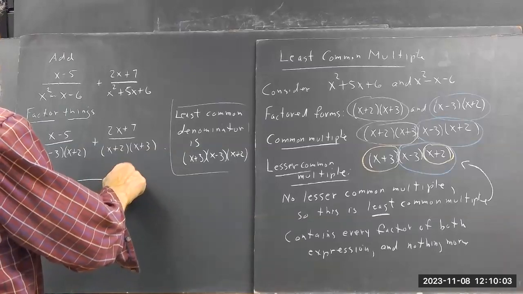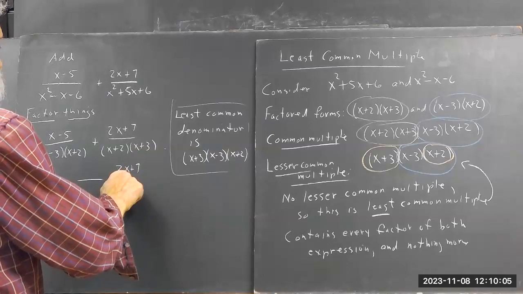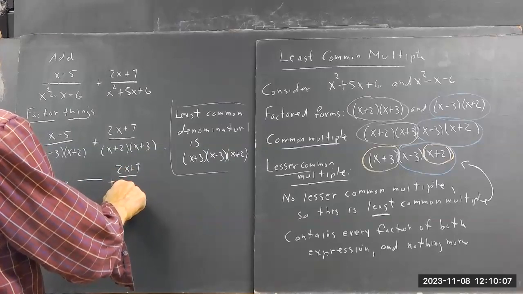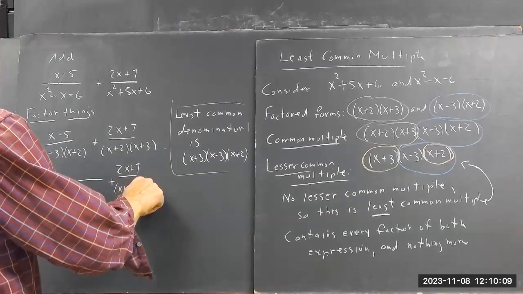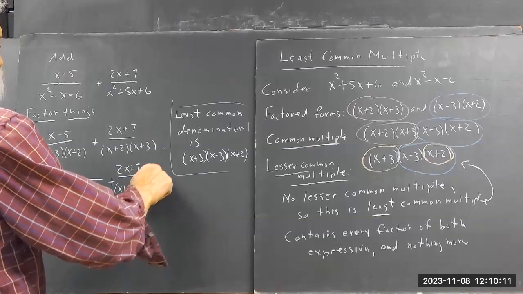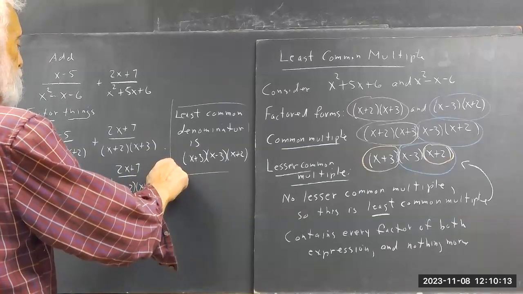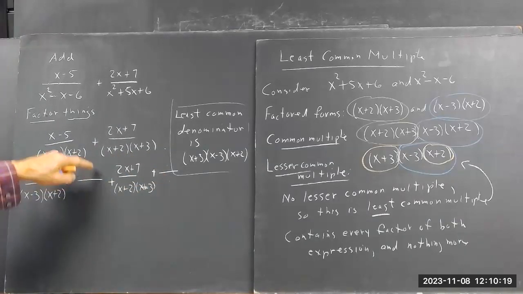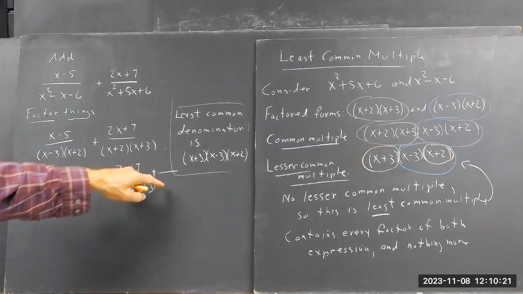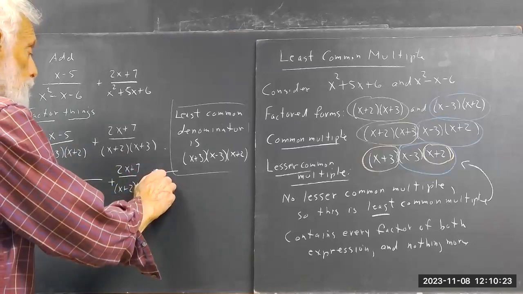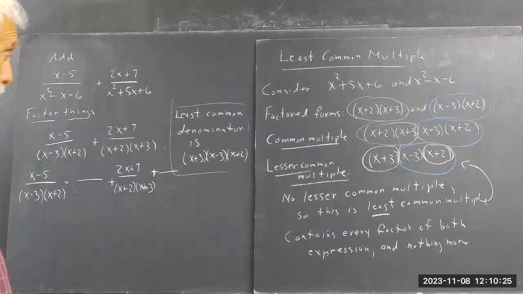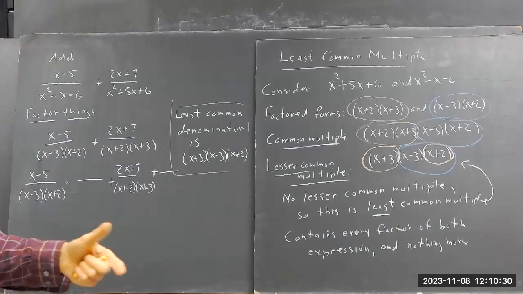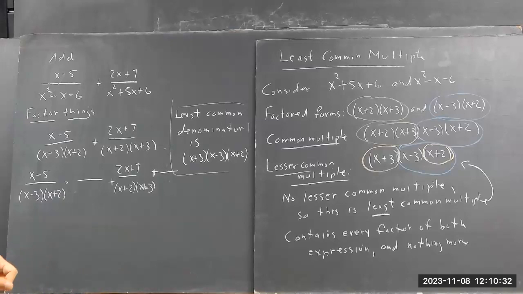And then it's going to be plus 2x plus 7 over x plus 2 times x plus 3 plus, again, something over something. Now this is going to be a rational or fractional term, and so is this, but I don't yet know what I'm going to put in the numerator and denominator. So I'm going to leave the question to you now.